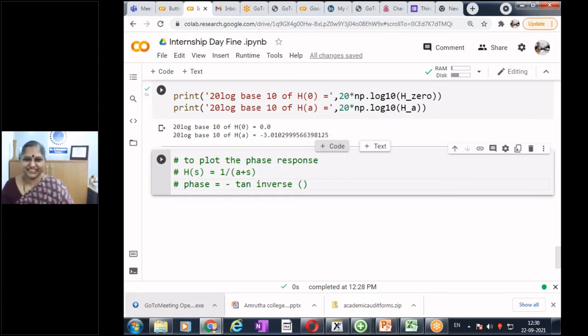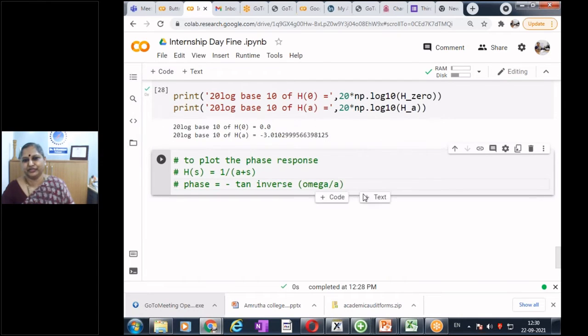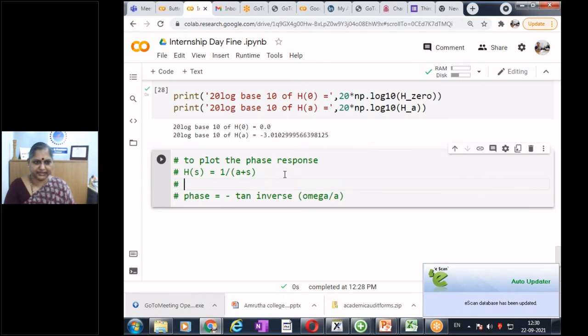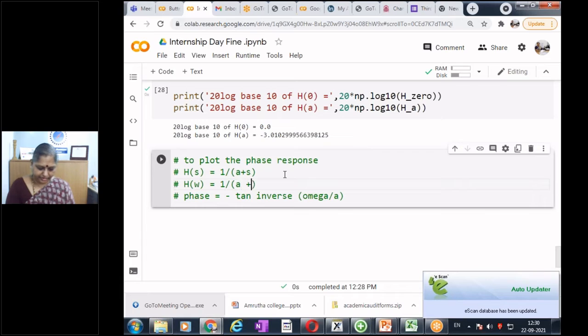Thank you. Yes, tan inverse of omega by A. Tan inverse of omega by A, I'll get the phase response, and that is it. H of omega, if I take, this is 1 by A plus j omega.